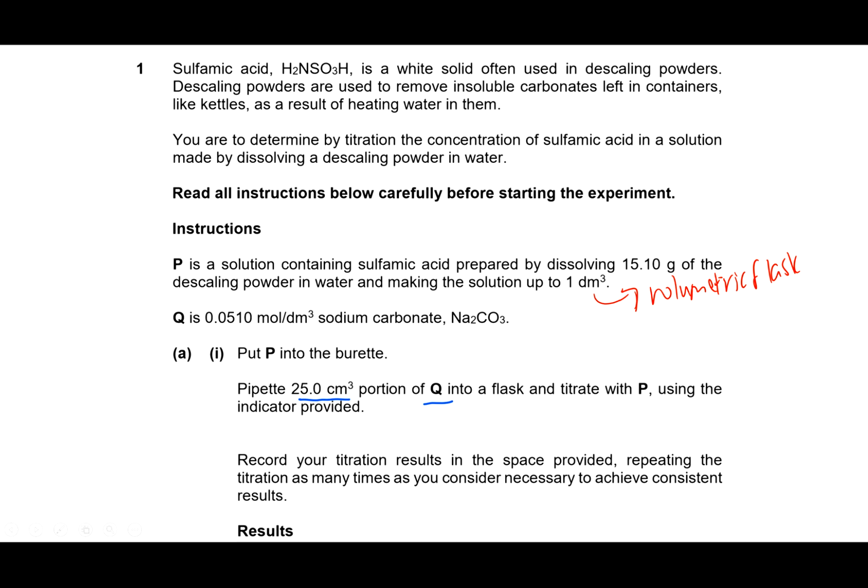Record your titration results in the space below, repeating the titration as many times as you consider necessary to achieve consistent results. For titration, we want you to present your answer in table form. You do not need to draw this table for now because you haven't done the experiment yet. What do I mean by repeat as many times as necessary? Of course not too many times; usually 2 to 3 times will be enough.